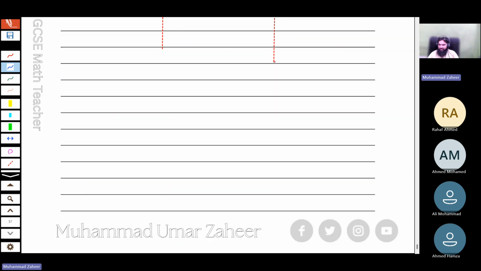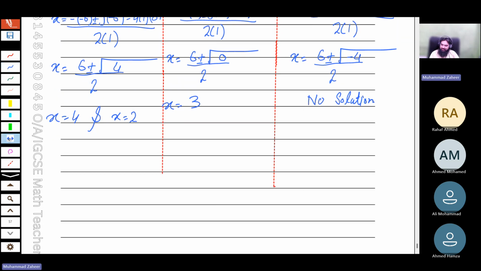If I show it by the graph, this one is going to look like this. You have x and y. If I make the graph of this one, we have only one x-intercept.